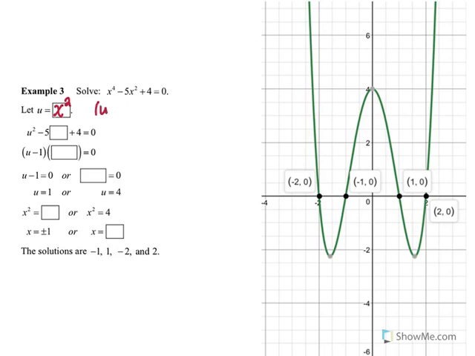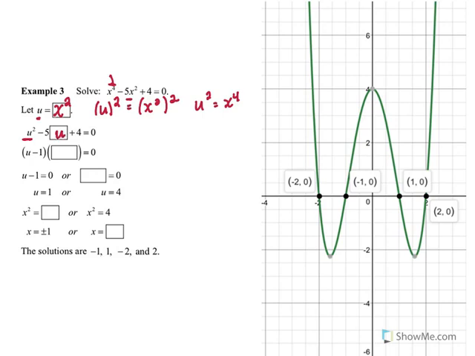Then if we were to square our u and square our x squared, we would see that u squared would then equal x to the fourth. So I'm going to replace my x values with my new modified u values. I'm going to replace x to the fourth with u squared, minus 5 times, I'm going to replace my x squared here with u, so minus 5u plus 4 equal to 0.